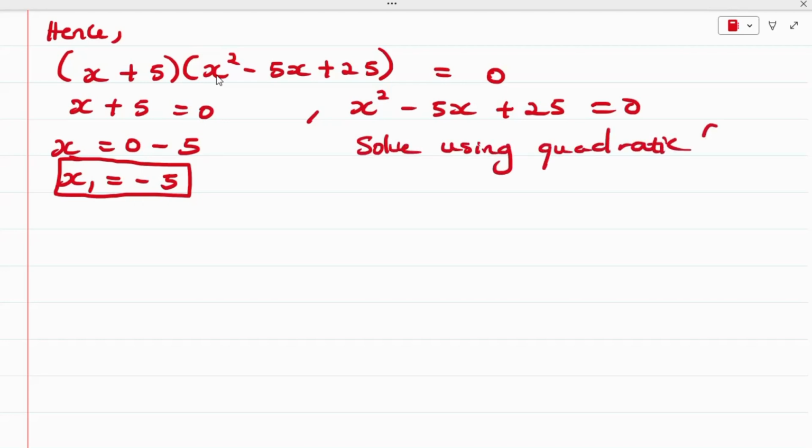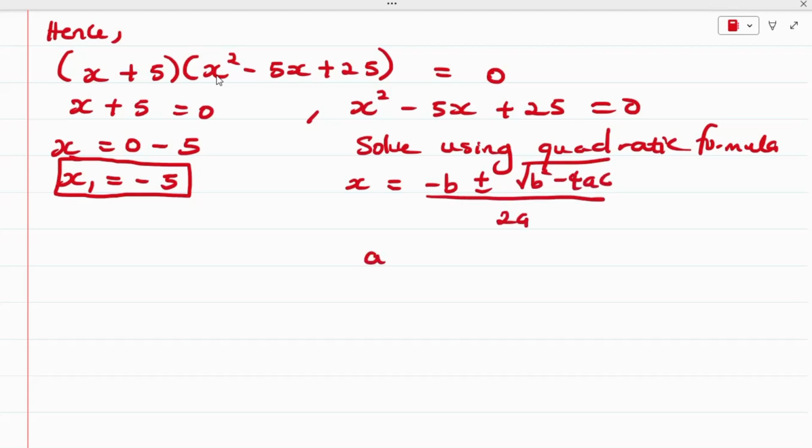So we solve using the quadratic formula, which is given as x is equal to minus b plus or minus the square root of b squared minus 4ac, all over 2a, where a is equal to 1, b is equal to minus 5, and c is equal to 25.